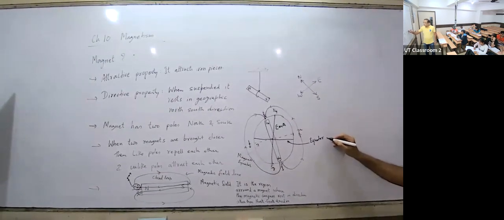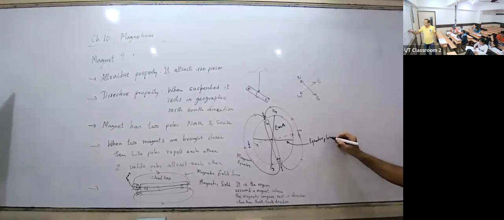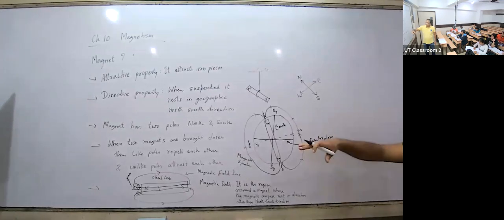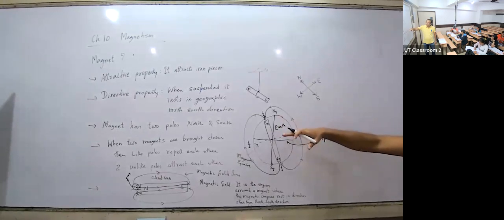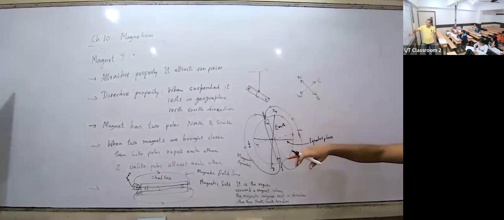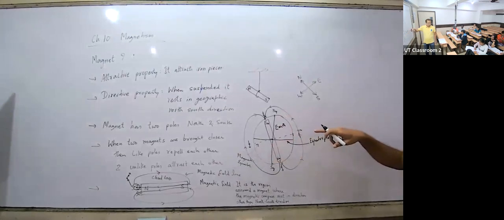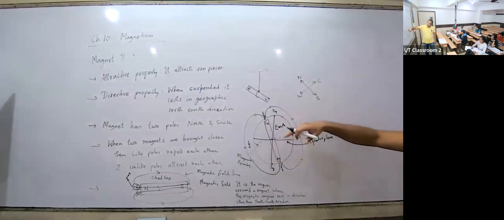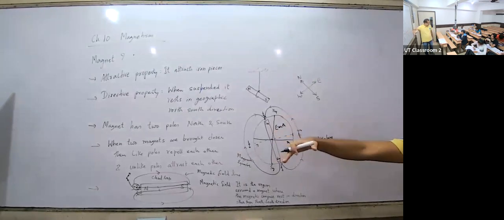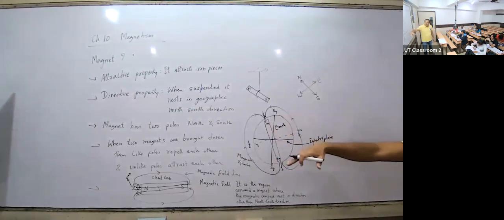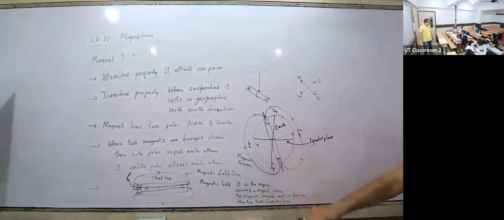So this is the equator plane. The equator plane cuts the Earth into two parts, upper hemisphere and lower hemisphere. The magnetic equator likewise cuts the magnet into two parts, right? But it is slightly tilted. So this dotted line is the magnetic equator. Is that clear?